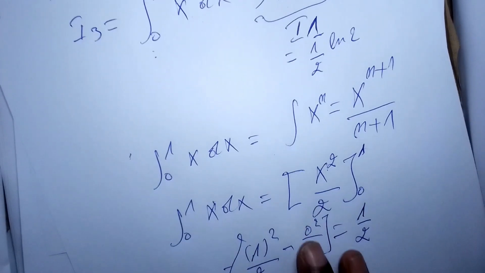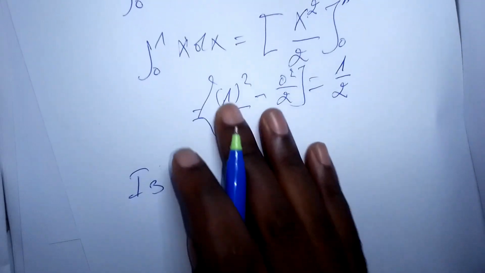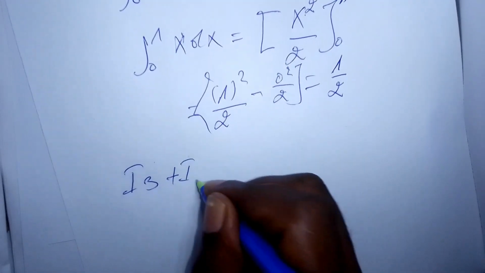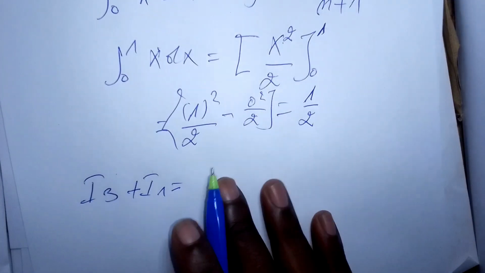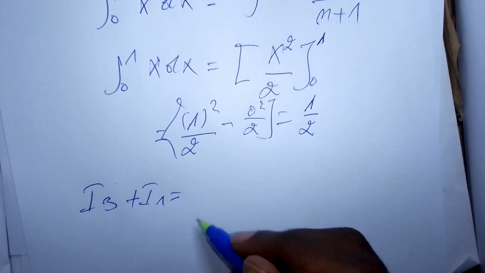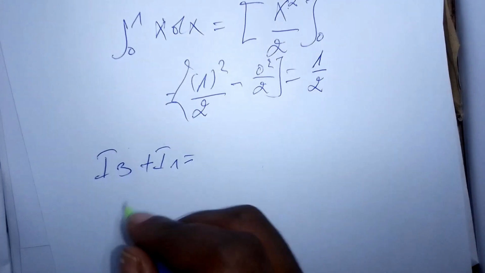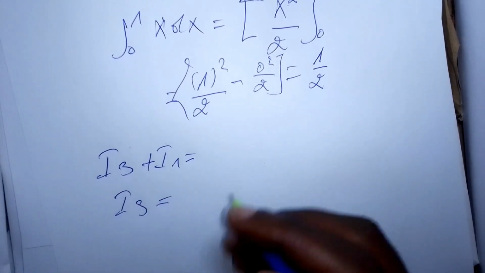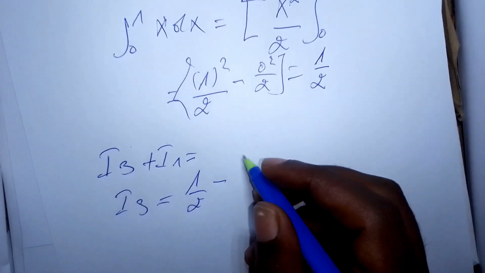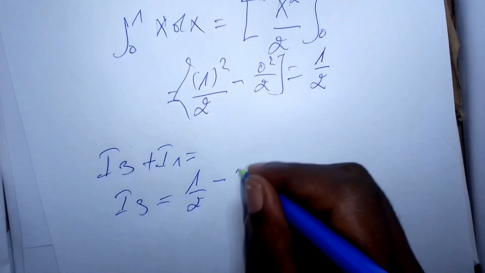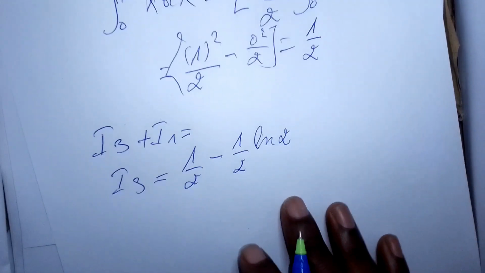The purpose of our equation is to find I3 plus I1. So we get I3 equal to 1 over 2 minus 1 over 2 ln of 2.